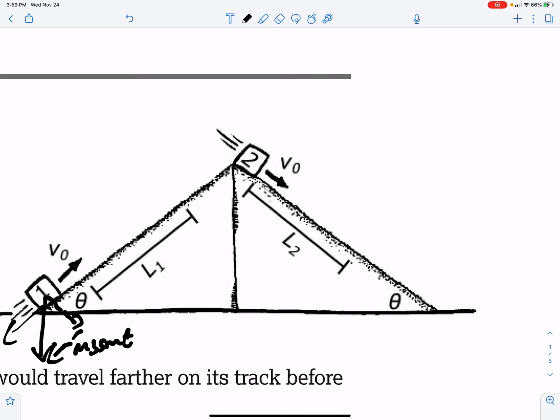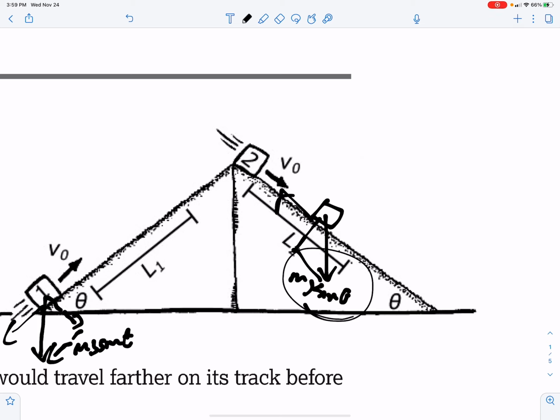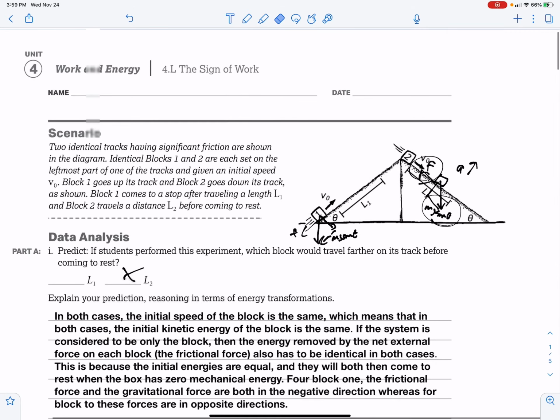Whereas block 2, as it goes downhill, has mg sine theta going downhill and friction going uphill. It's going to have less opposing force. That means it's going to have a greater acceleration, which means it's going to essentially go farther. So from a Newton's law approach, we can see why L2 ends up going a little farther.